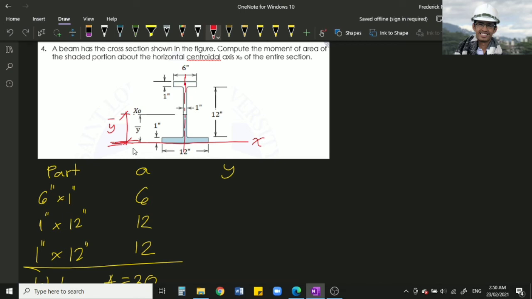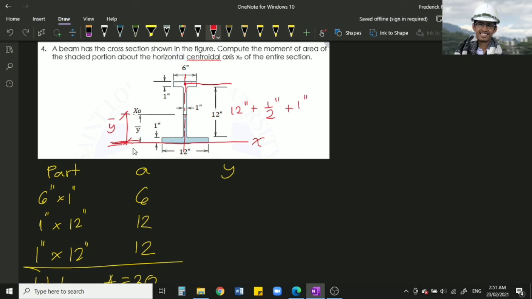So the middle of our first part will be at the middle of our 1 inch. So that will be 12 inches. The distance of our centroid, let me fix our drawing. The distance of this will be 12 inches plus half of 1 inch, that is 1 over 2 inch, plus 1 inch.